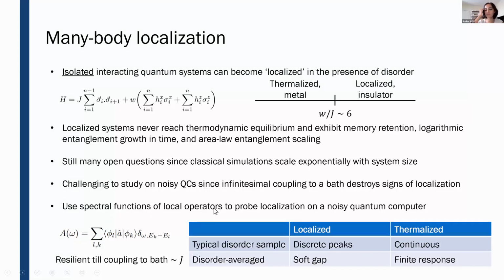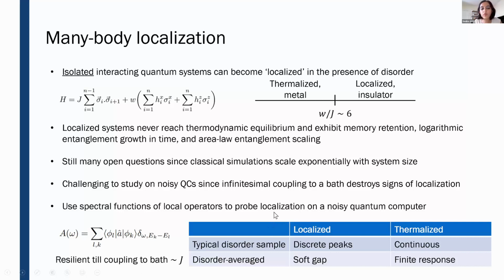A local operator is something that you calculate from one qubit, or two qubits that are next to each other, or three qubits. So it's a local observable, and that's the observable that is going to give us a robust probe of localization.